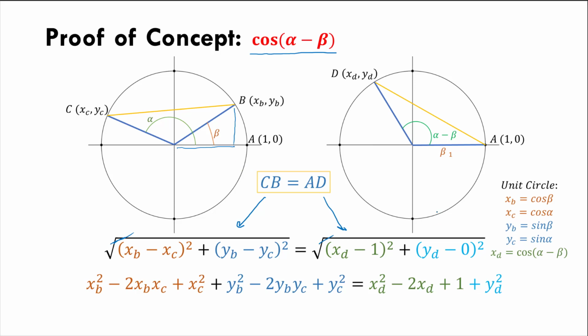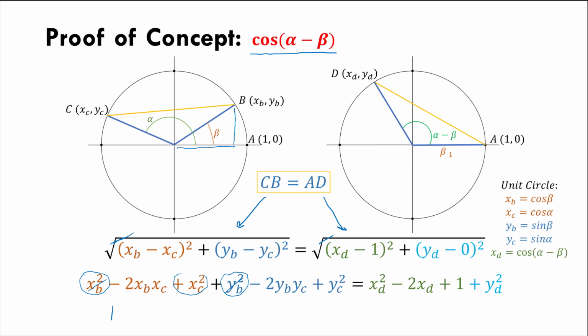Same with my alpha angles. So when I consider that, if I take a look at xb squared plus yb squared, that's the same as cosine squared plus sine squared, so that's going to simplify to just 1. Those terms will go away because they simplify to just 1.